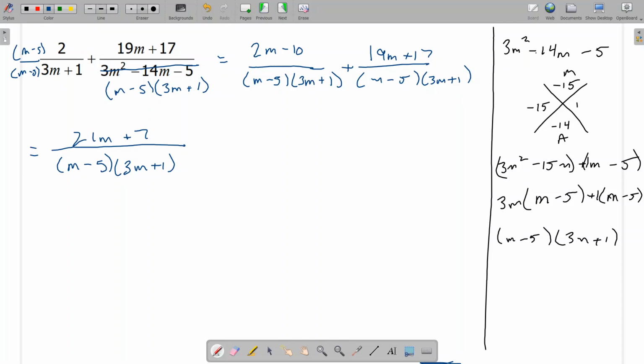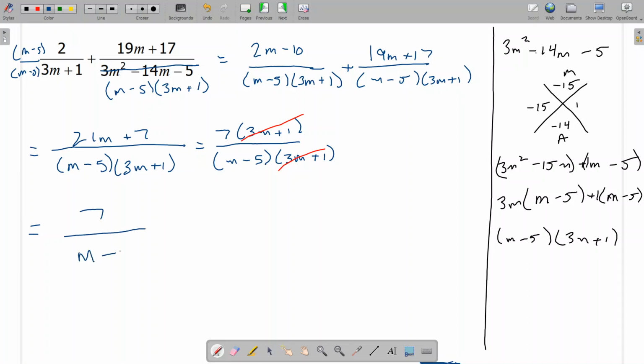That numerator has a GCF of 7 that could be factored out, leaving us with 3m plus 1. Since I have a 3m plus 1 in my denominator, I can cancel those out, giving me my final answer of 7 over m minus 5.